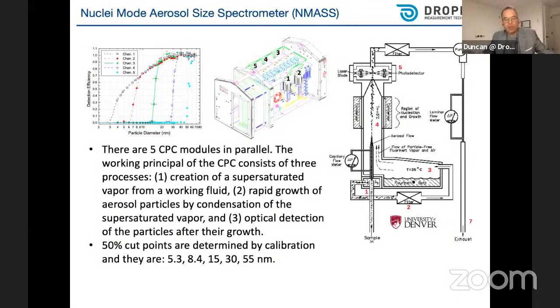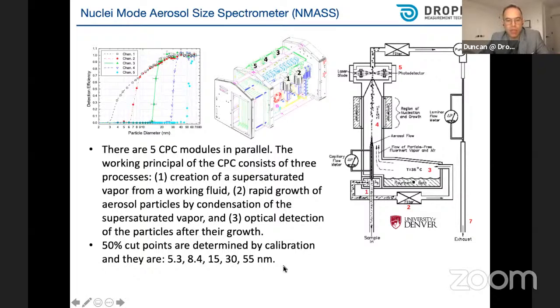The NMAS instrument is a system that contains 5 condensation particle counters that are connected in parallel. Each of these condensation particle counters is calibrated so that they can measure aerosols with a 50% cut point of about 3 nanometers, 4 nanometers, 8 nanometers, 15 nanometers, 30 nanometers, and 55 nanometers.